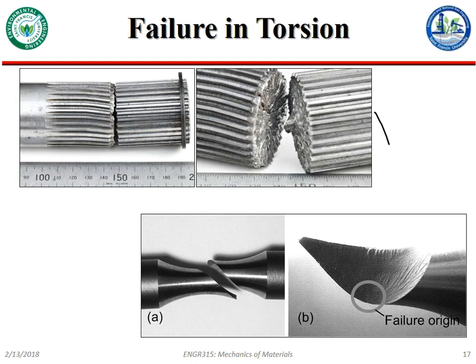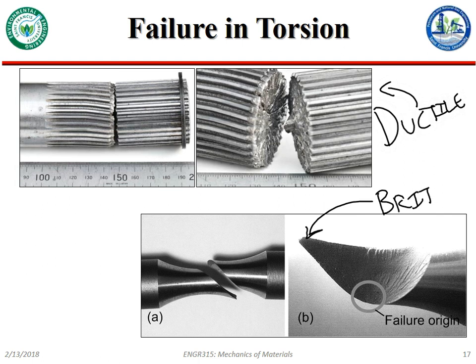So we can tell, just empirically speaking, that our intuition from how things fail in tension does not hold in torsion, and a flat break is actually the indication of a ductile failure, and a kind of 45-degree break is a symptom of a brittle material that has just failed.